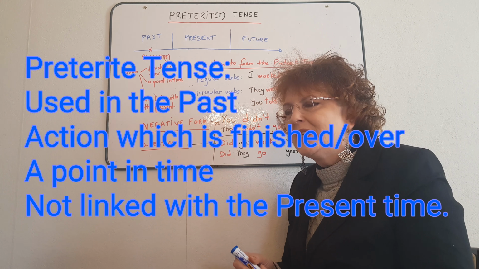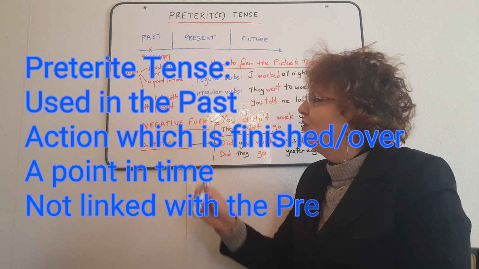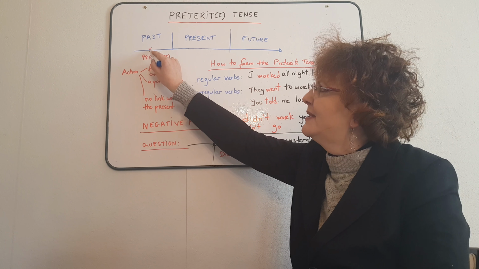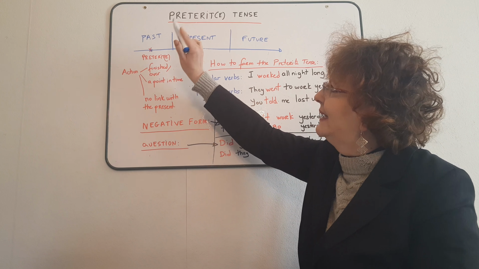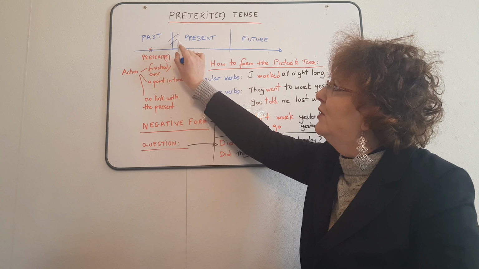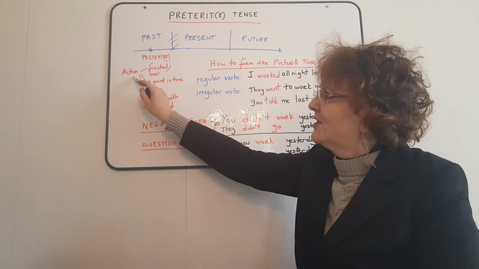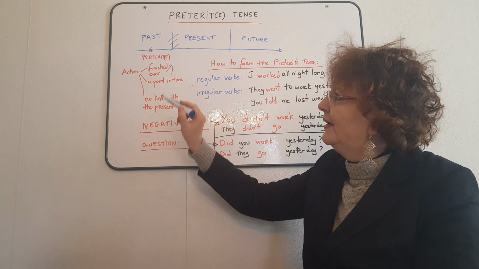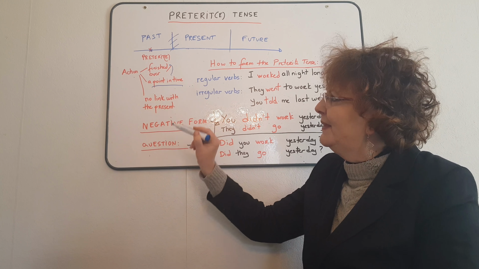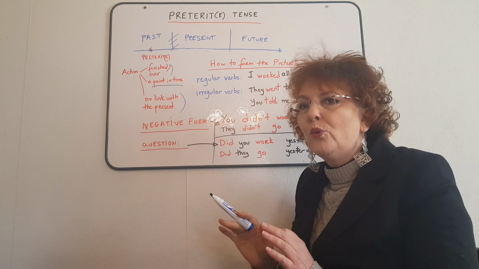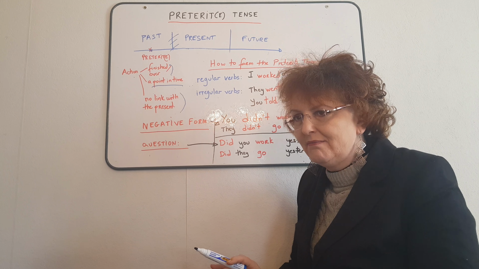So we can say that we use the preterite tense for an action which is a point in time. This point here, completely finished, nothing to do with the present tense. So remember, it's an action which is finished or over. It's a point in time. It doesn't have any link whatsoever with the present tense.